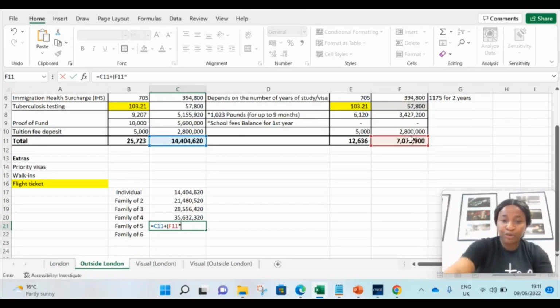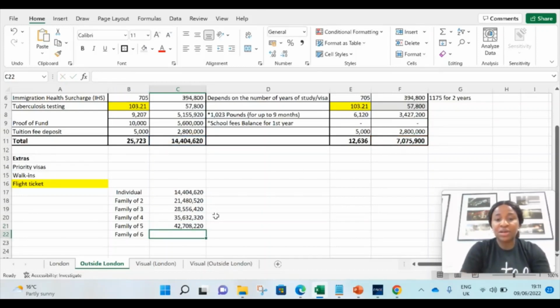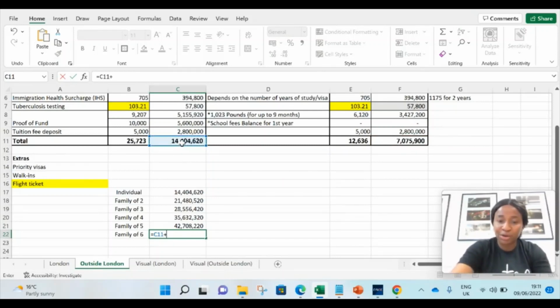And that's how you get the value. You do the same thing for this one, but the dependent multiplier here will be 5, because it's a family of 6. So you do this plus this times 5. So that's how I did the others.